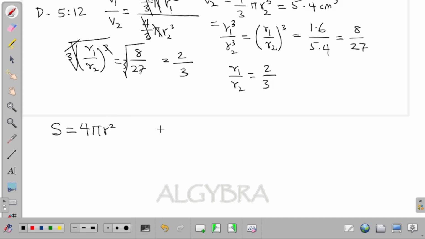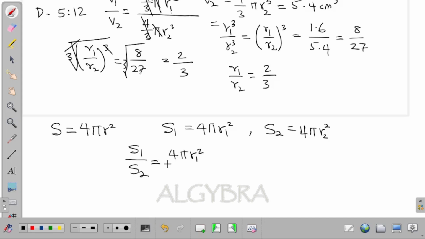So the surface area of the first ball, S1, is 4π r1 squared, and that of the second ball, S2, is 4π r2 squared. The ratio S1 to S2 is 4π r1 squared to 4π r2 squared. 4 cancels 4, π cancels π, and we're left with r1 squared over r2 squared, which is (r1/r2) all squared.